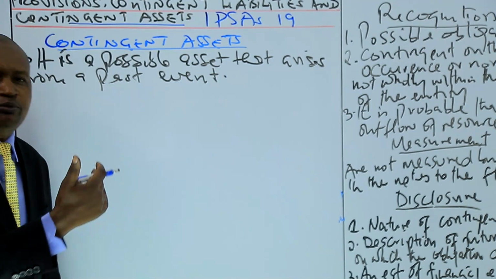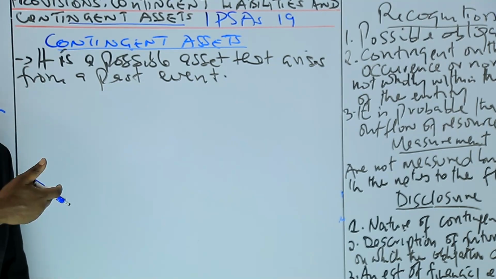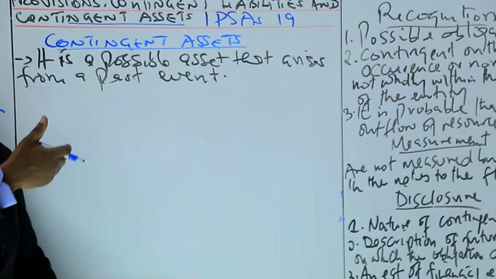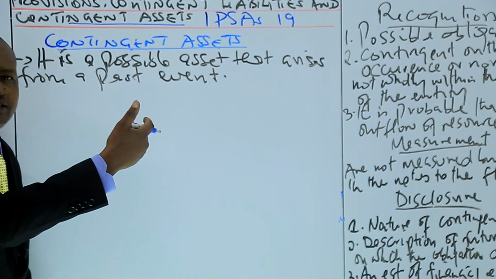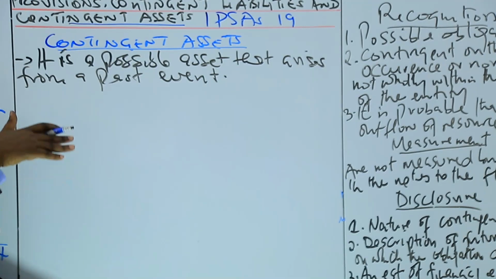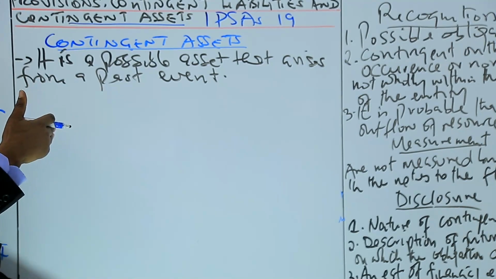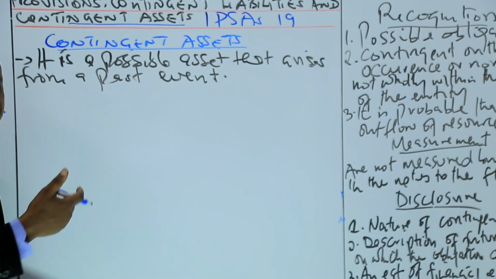It is a possible asset that arises from a past event and whose existence will be confirmed only by the occurrence or non-occurrence of one or more uncertain future events not wholly in control of the entity.